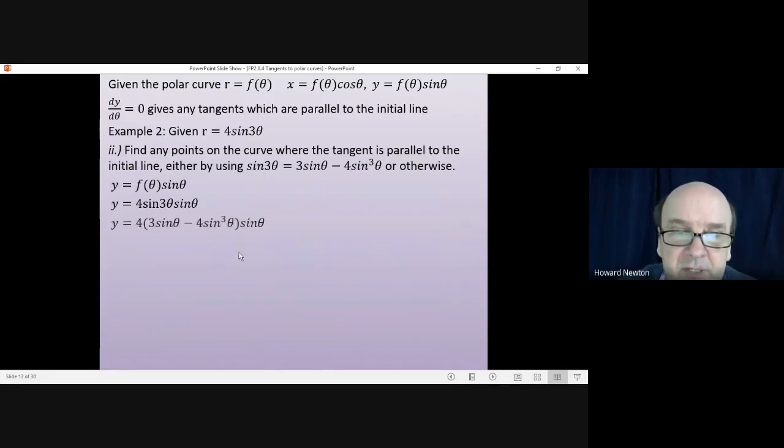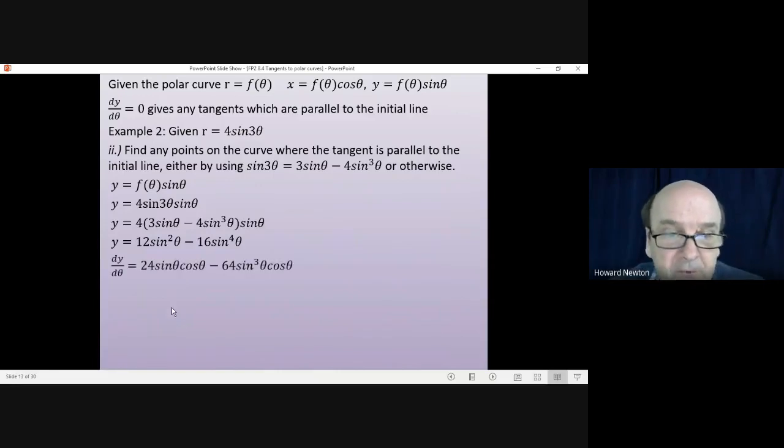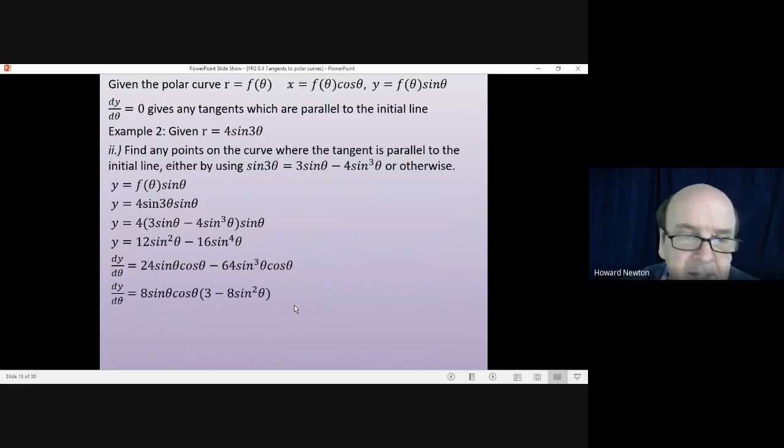So sin 3θ is equal to 3 sin θ - 4 sin³θ. Multiplying out the brackets will give us that. Differentiating that gives us 24 sin θ cos θ - 64 sin³θ cos θ. And factorizing that gives us 8 sin θ cos θ (3 - 8 sin²θ).